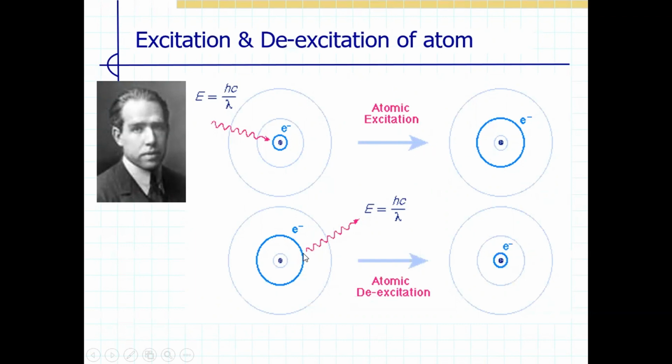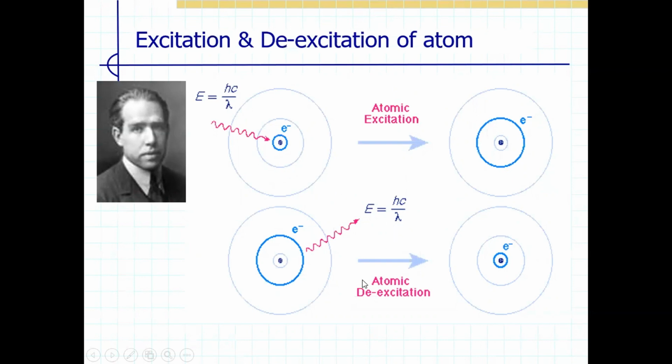And if the electron moves from a high energy state to a low energy state, it will emit the energy hc divided by lambda, or h nu. Then it will de-excite, and the de-excited electron will fall to the ground state, and it is shown like this.